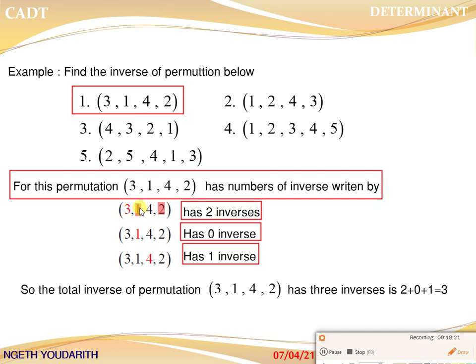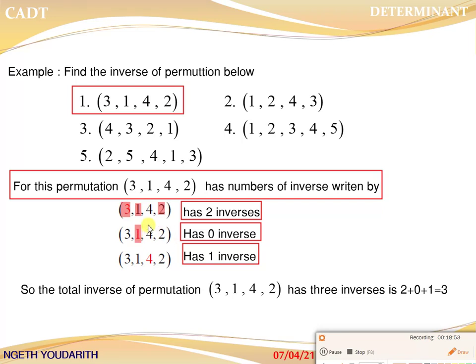If we have 2 numbers smaller than number 3, it means it has 2 inversions, because to the right of number 3 there are 2 numbers smaller than 3. And then after we finish number 3, we start the next from number 3, which is number 1. Number 1, and we count to the right of number 1. How many numbers are smaller than 1?